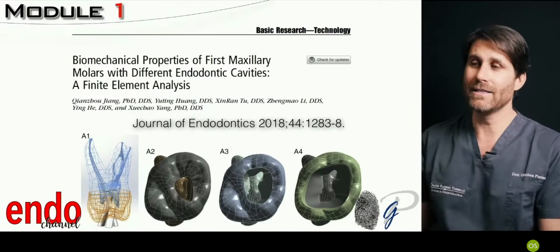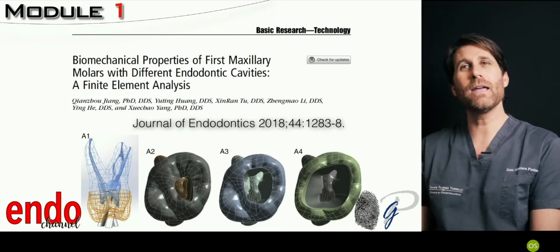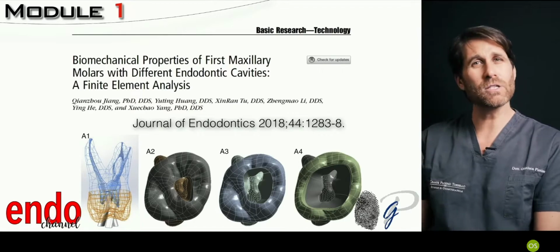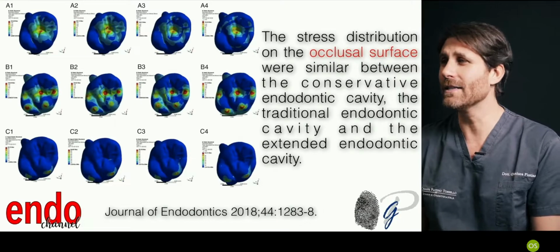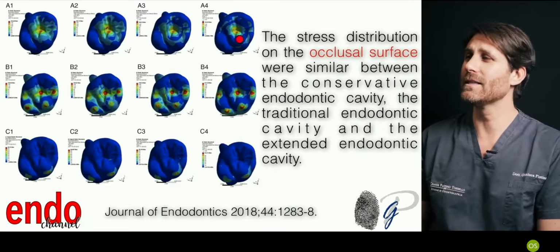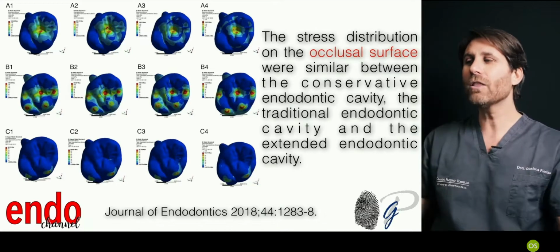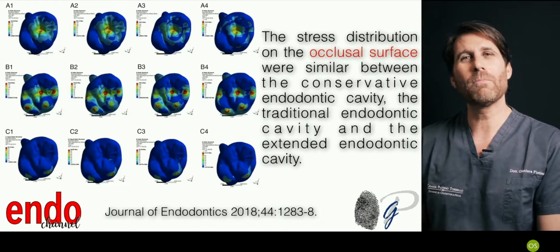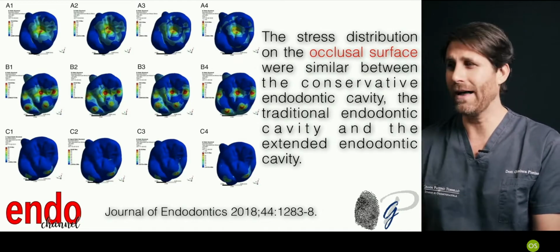And the studies that are going on in the international literature seem to demonstrate and confirm the importance of this structure. This finite element analysis study confirmed that the stress distribution on the occlusal surface is not very different if we open different types of access cavity, more conservative or more traditional, more expanded.